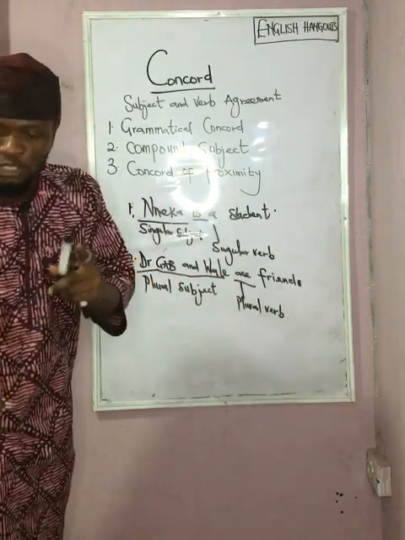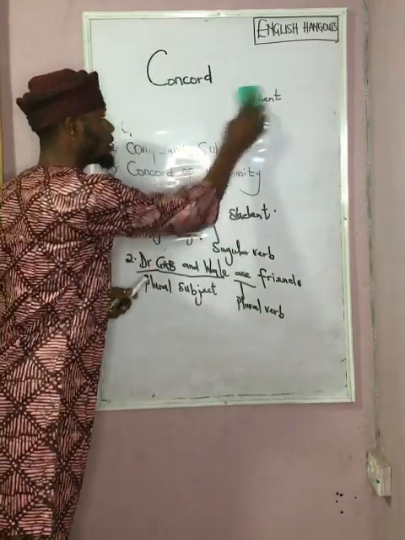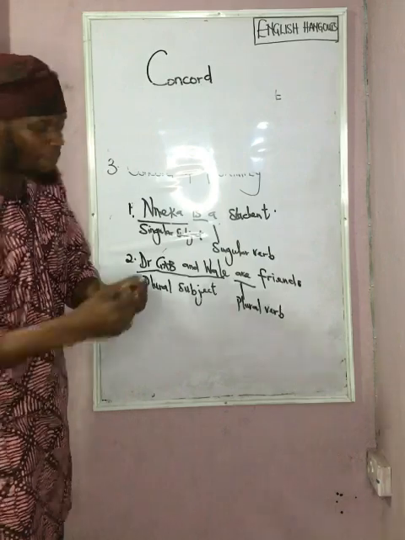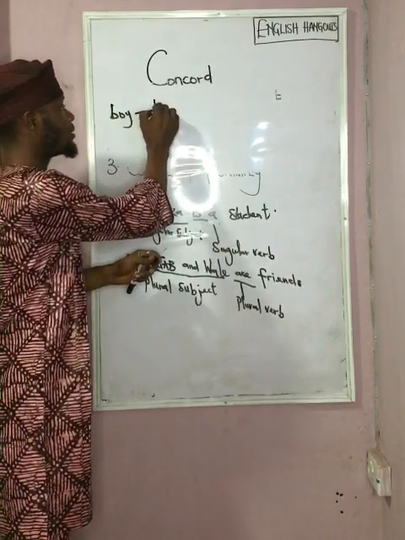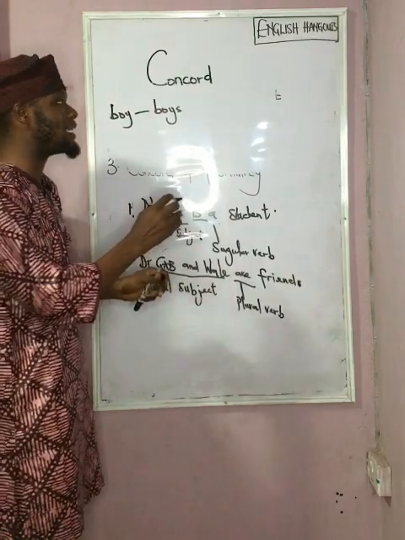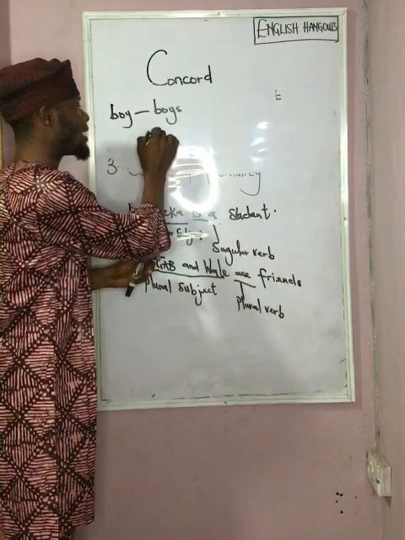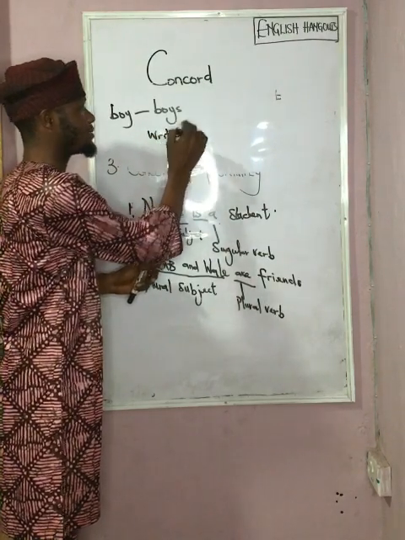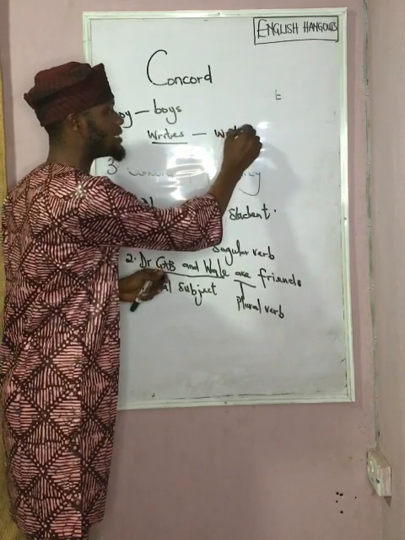There is something I want you to also know. When we are dealing with nouns generally, we have boy in its singular state, and the plural form is boys. Whereas if you are dealing with verbs, a lexical verb will definitely take s in its singular form, writes. The plural form will be what? Write.